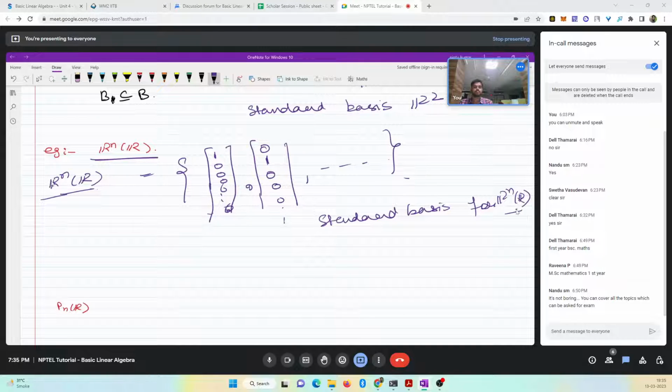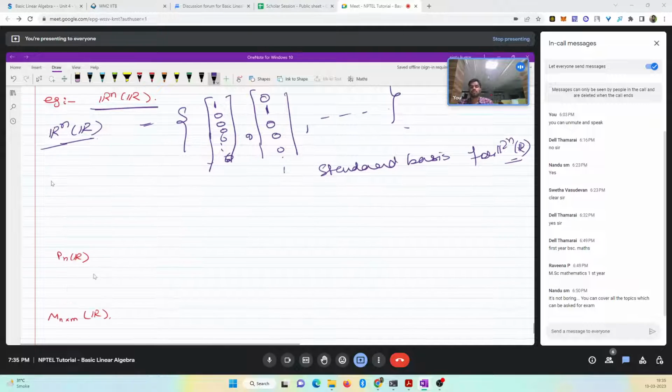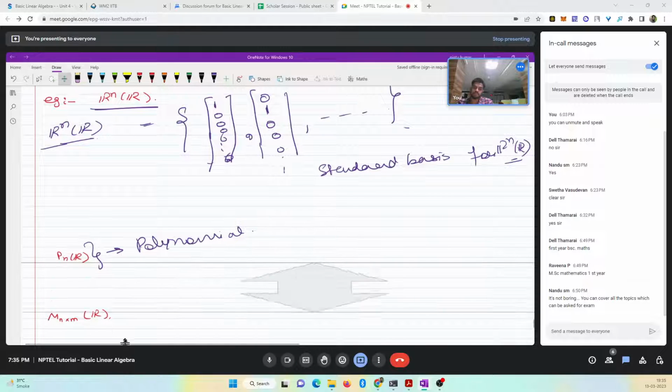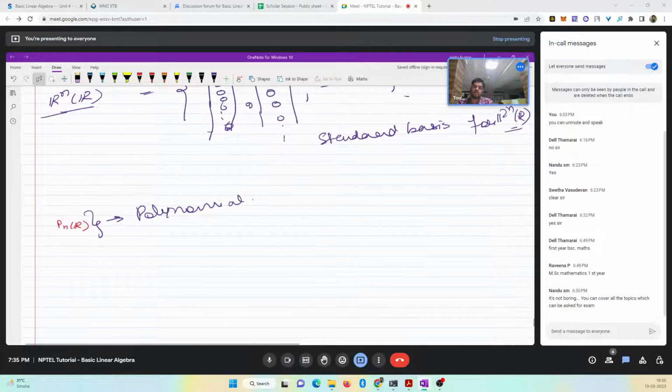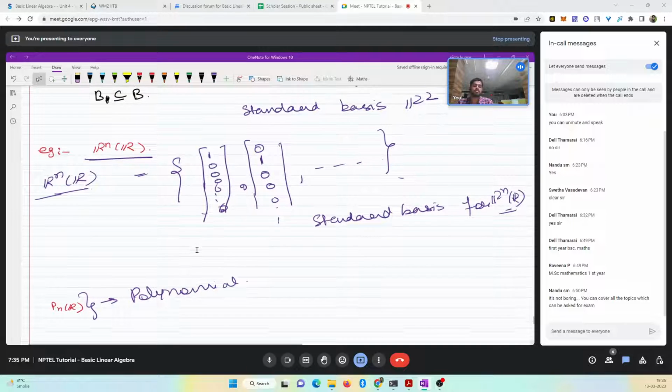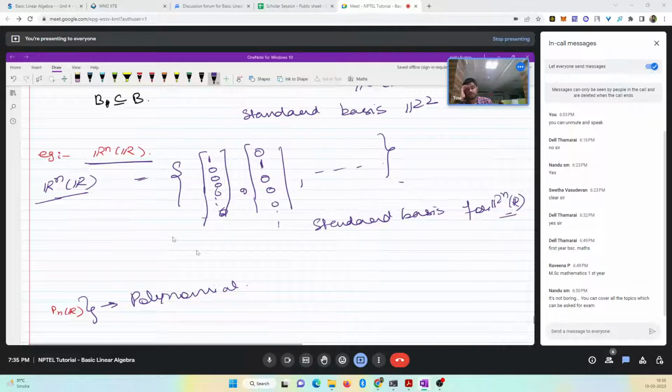Okay. Now the next thing is your polynomial space. Let's take an example first for this polynomial one. One thing that I want to mention, but I'm not proving it: this basis is never unique.